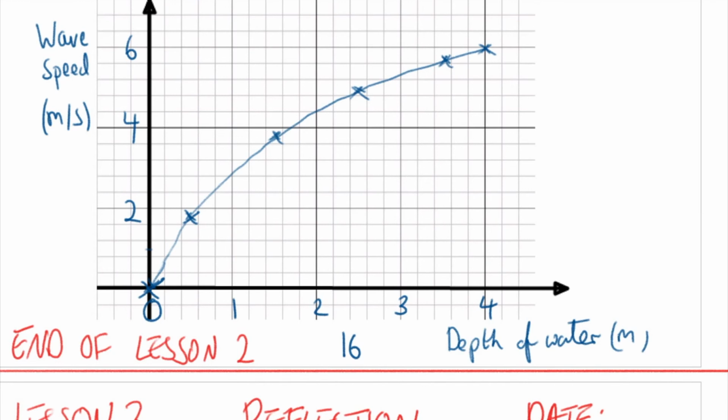You should have a curve of best fit. When you draw your curve of best fit, I'll do it in a different colour. It hasn't got to necessarily go through each one of those points, but you're trying to get a smooth curve. It's not the best one.